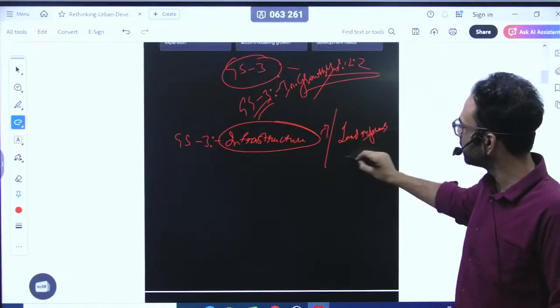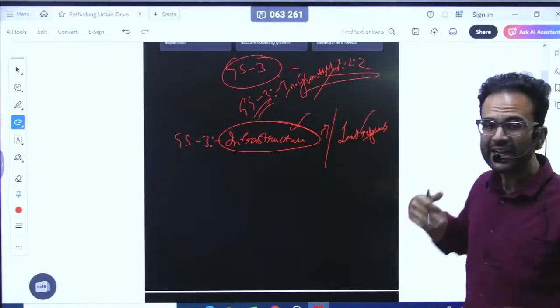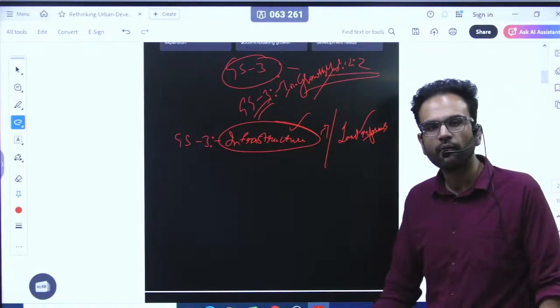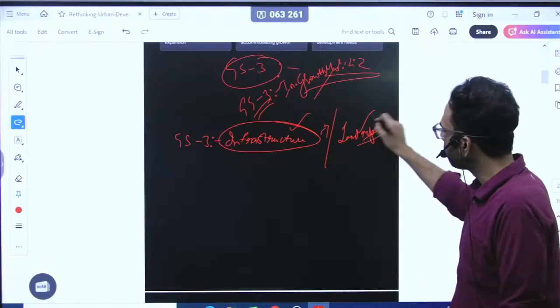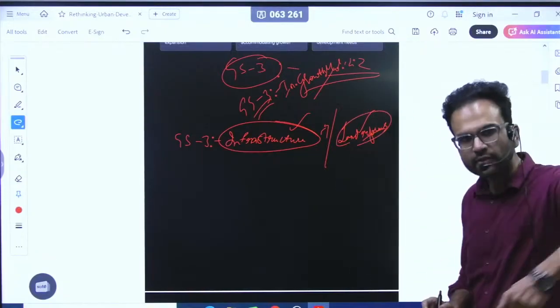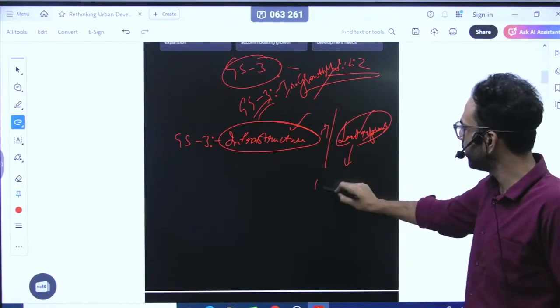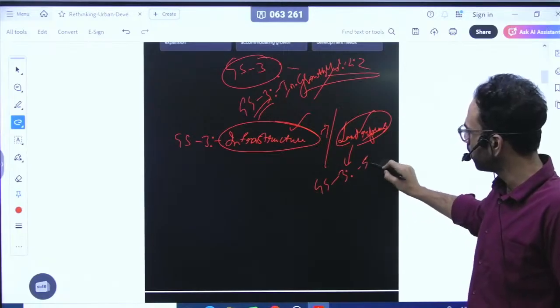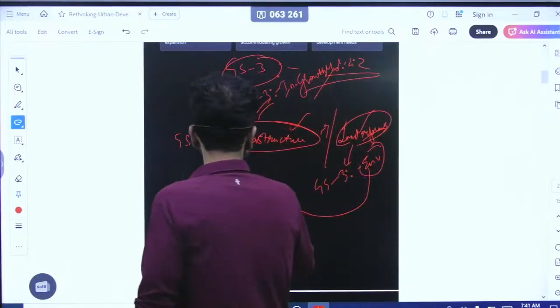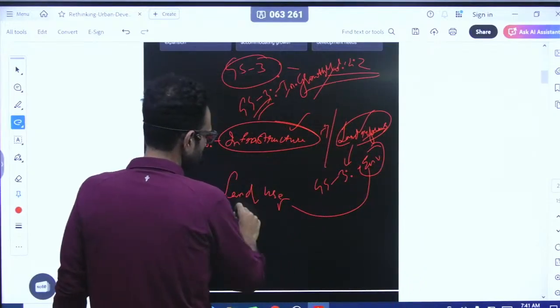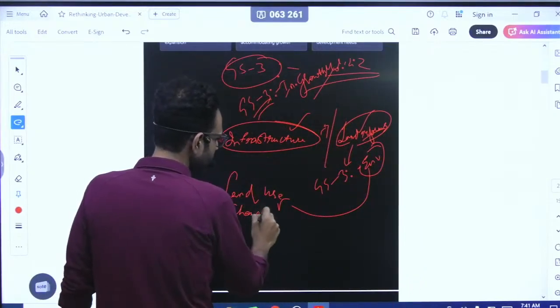When we are discussing this land reforms infrastructure topic in detail in some other class, we will be discussing this topic also there. So when you're talking about land reforms, you can further link it to GS3 environment, where you're talking about land use change. What do you mean by land use change?